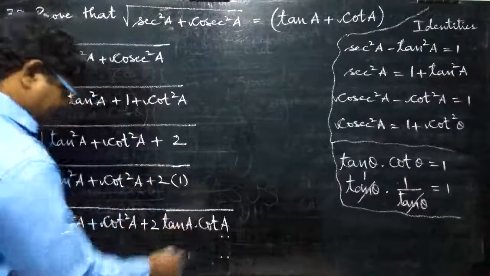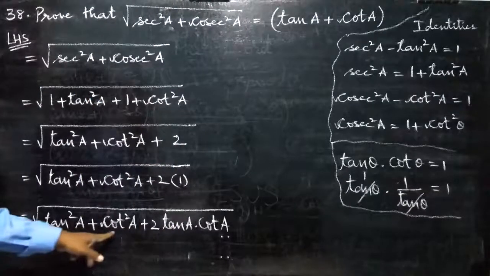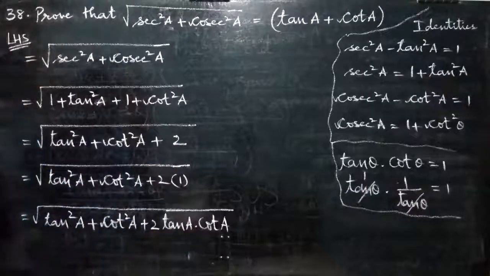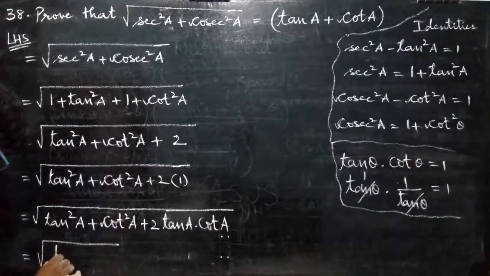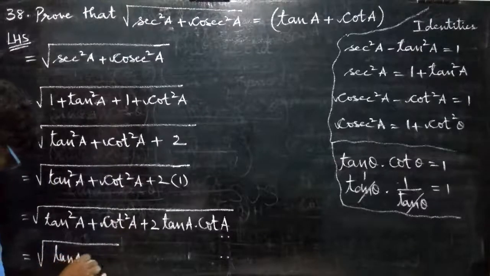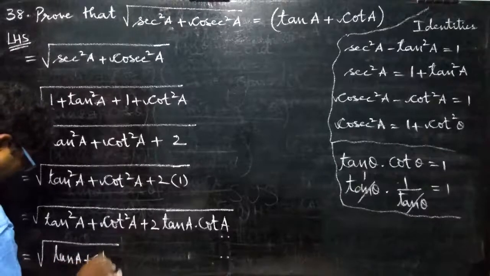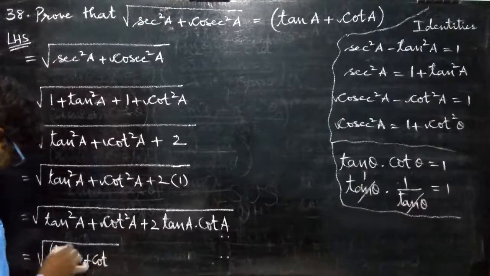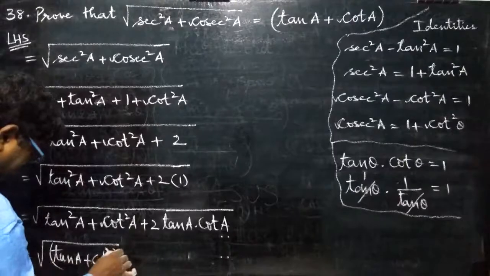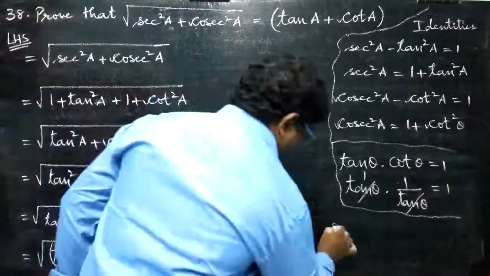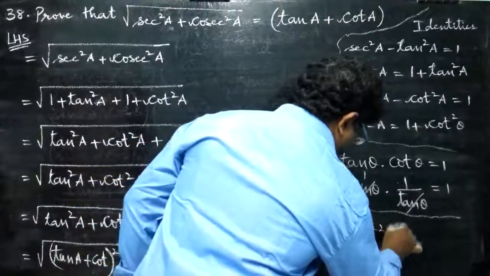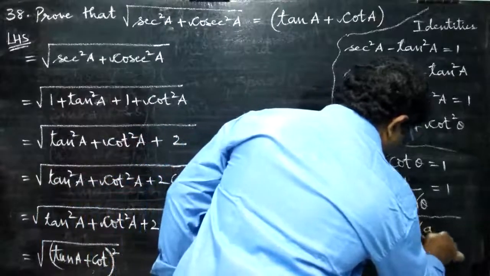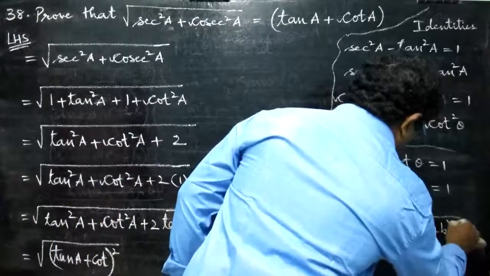Why? Because now it is in the form of a square plus b square plus 2ab, which means the a plus b whole square formula, that is, tan A plus cot A whole square. a square plus b square plus 2ab is equal to a plus b whole square.